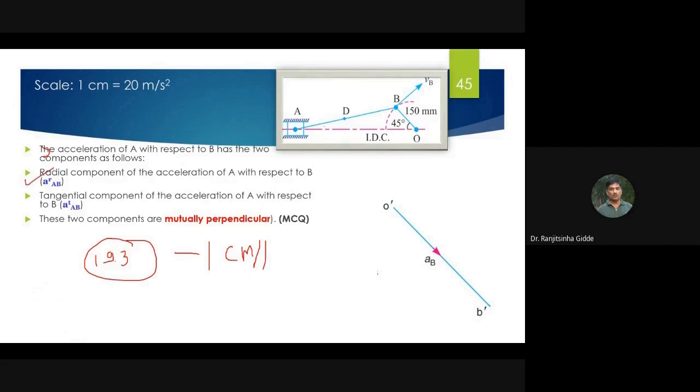So this is the radial component. We are going to draw it along this line or parallel to this line in the vector diagram. So we are going to draw one vector. This one is the starting point and this is the end point for the first vector. We draw one vector in the vector diagram which is parallel to this AB, like this.